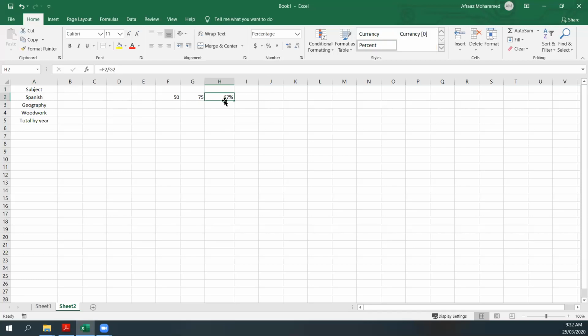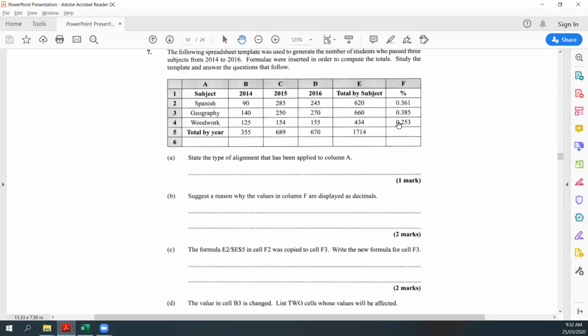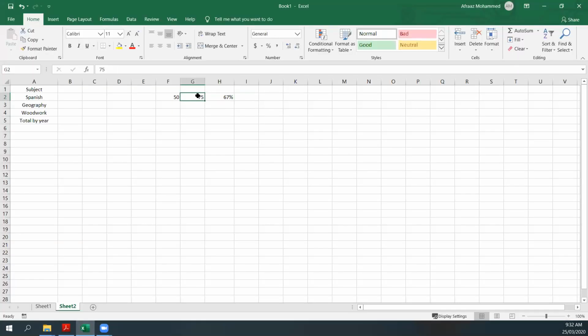So that's one thing. Maybe they didn't format the cells to percentage, or another reason could be if the value was so small. So if this was 75,000, then you see it's a low value.